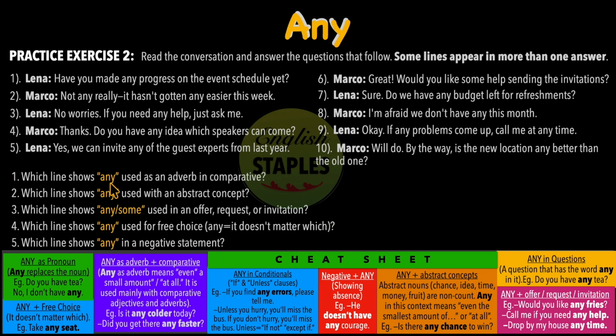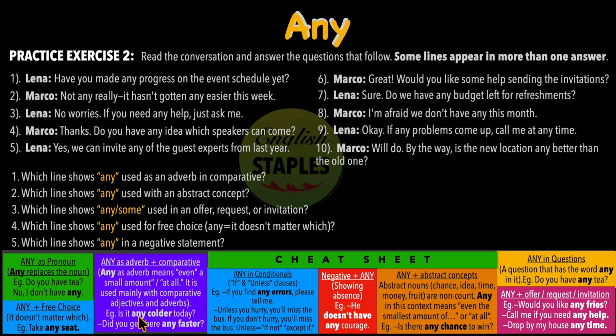Which line shows any used as an adverb in comparative? So if you don't remember what adverb in comparative is, you can look down here, any as adverb plus comparative, and it will tell you the meaning. It's used mainly with comparative adjective, comparative adverb, and it gives you an example.